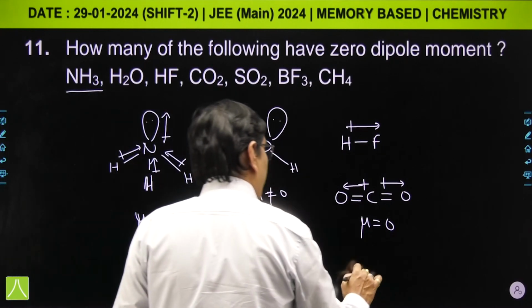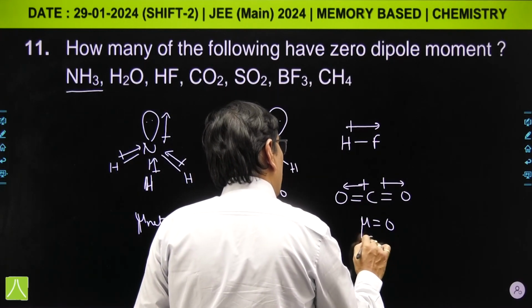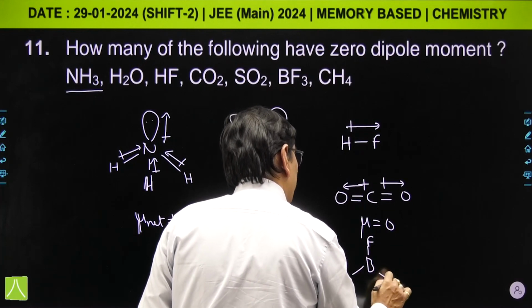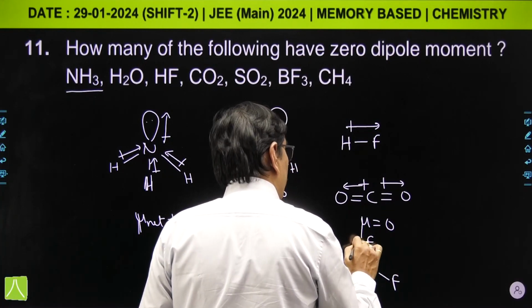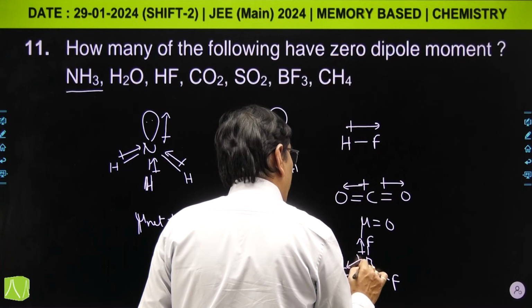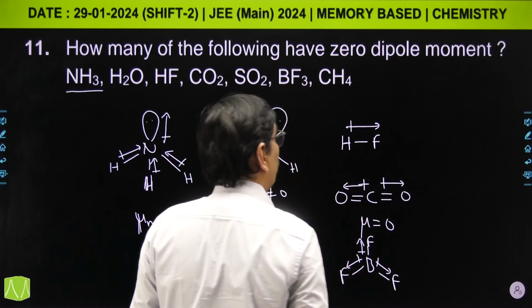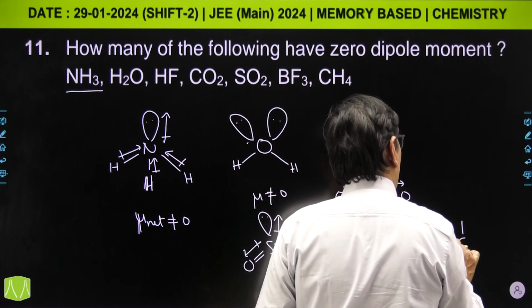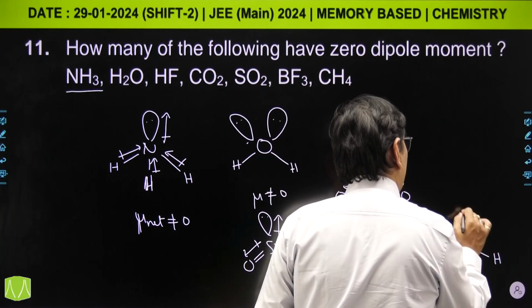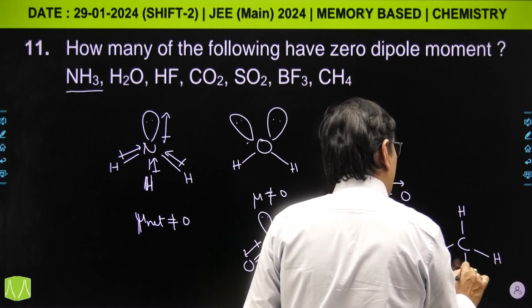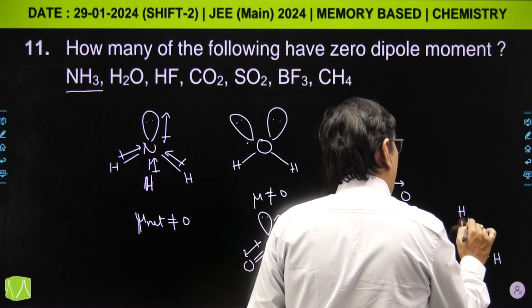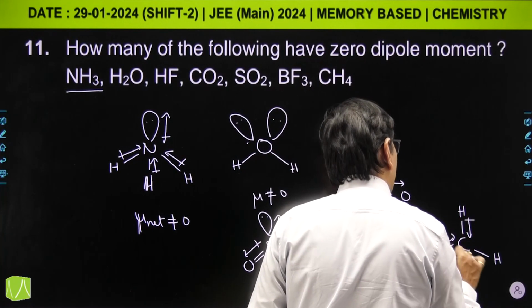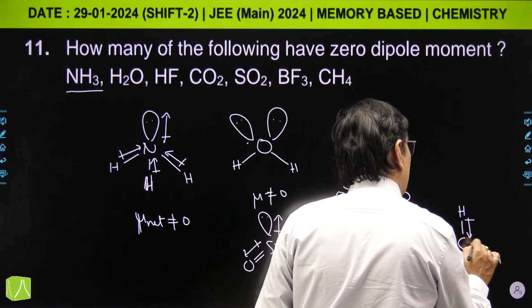And for BF3 it is trigonal planar in shape, and the net dipole moment is 0. And for CH4 it has tetrahedral shape, and the net dipole moment is 0.